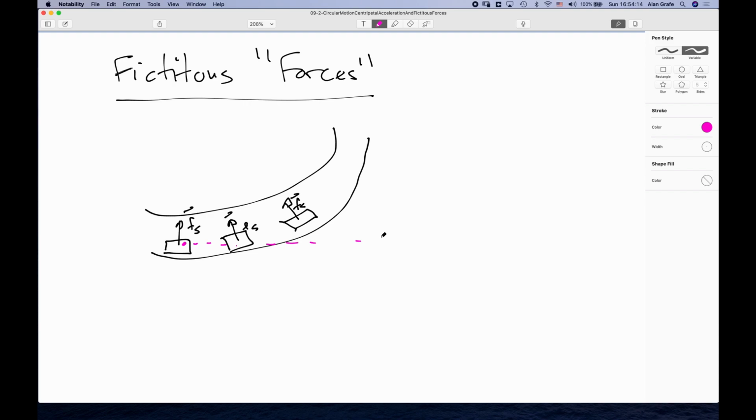Now, what's really going on here? Well, let's go, and my apologies in advance, I cannot draw human forms very well at all. Let's look at your car seat. So the car seat's attached to the car. So the car is going around in a curve. So therefore the car seat's going around in a curve. Now what's making your butt go around the curve?